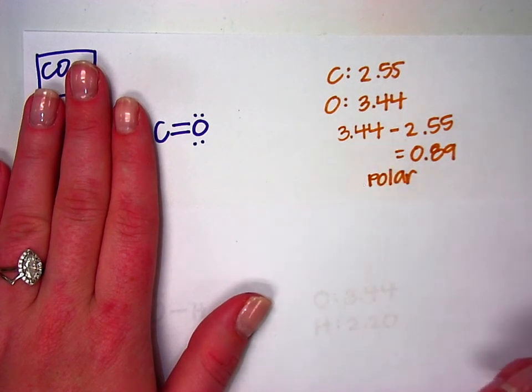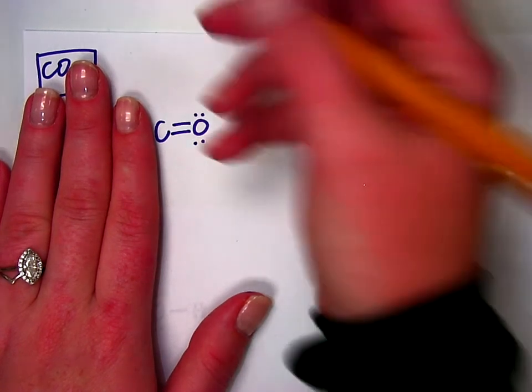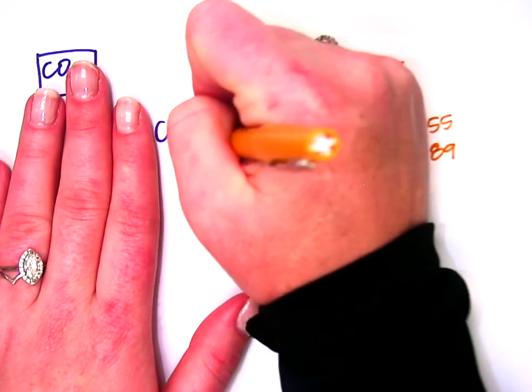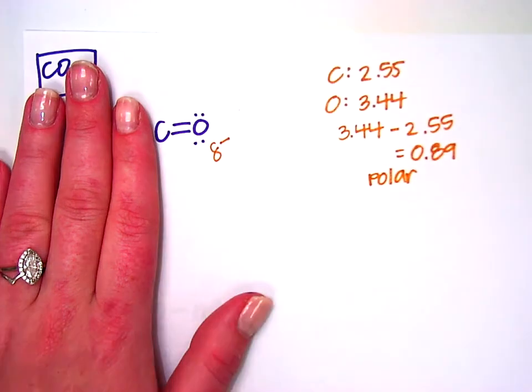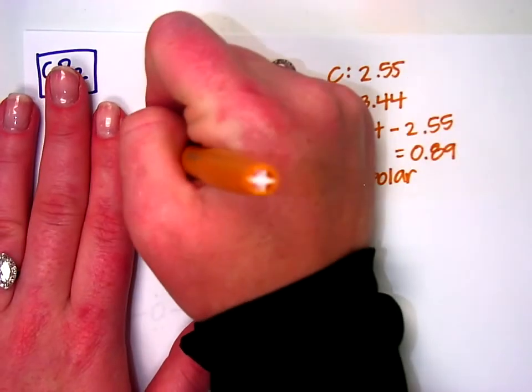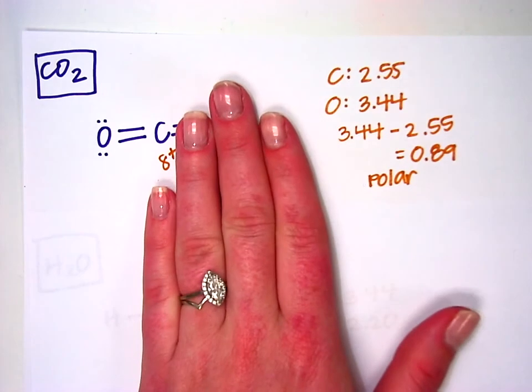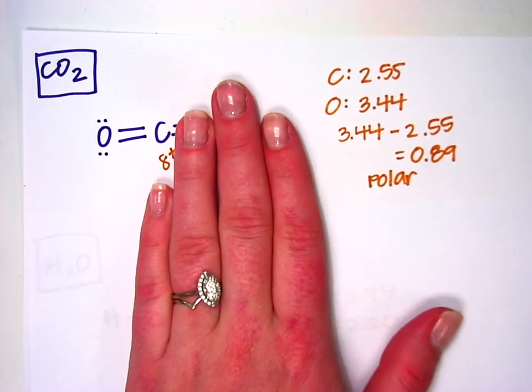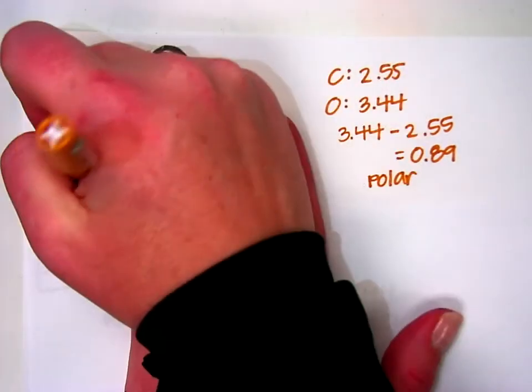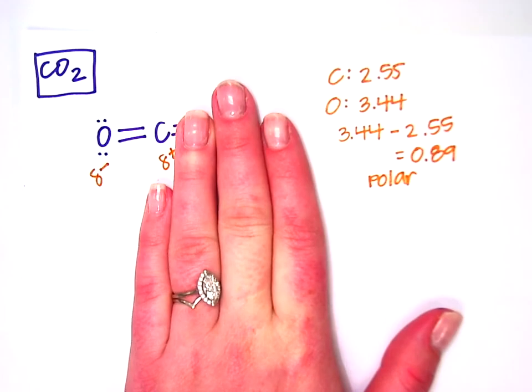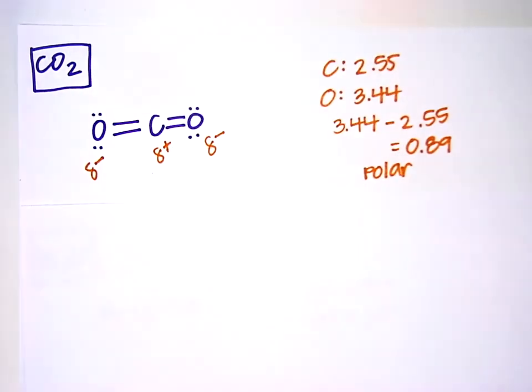We could also look at the periodic table and figure it out by looking at fluorine. So oxygen's more negative, and carbon is more positive in that individual bond. If I do the opposite bond, it's the same thing. Oxygen's going to be more negative, carbon is more positive. So that is my electronegativity values.